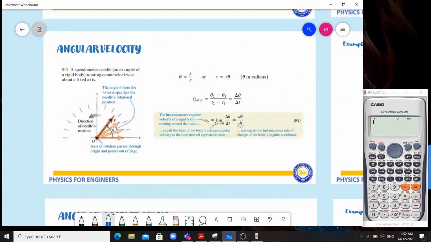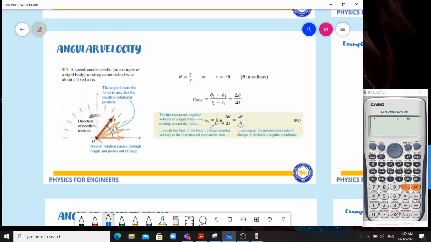When a body is rotating on its axis, for example in this figure, the needle is our body, and it is rotating about the axis of rotation O. The rotation is measured by an angle, which is theta.